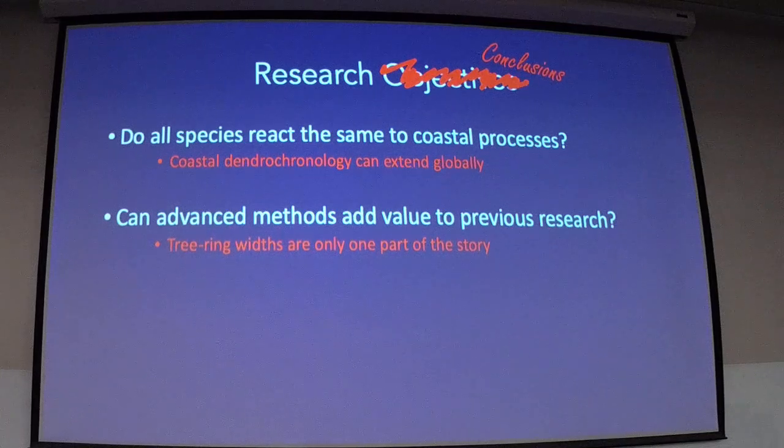We can probably look at other factors of growth like quantitative wood anatomy, where we actually look at changes in cellular growth. We can also look at things like blue intensity, which is another measurement of light reflectance from tree rings. Ultimately, it's telling us that coastal dendrochronology is not just useful for ring width studies, but we can expand those studies to start to look at specific factors of growth.